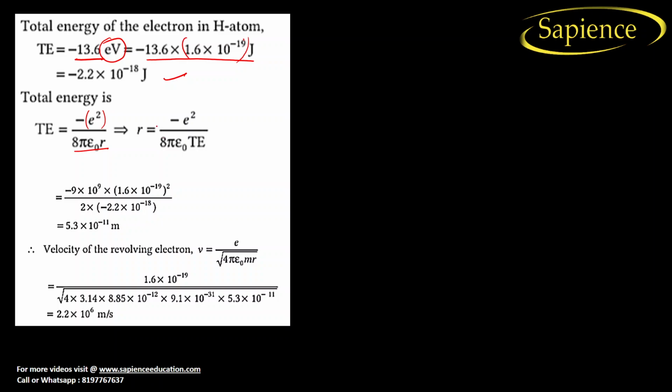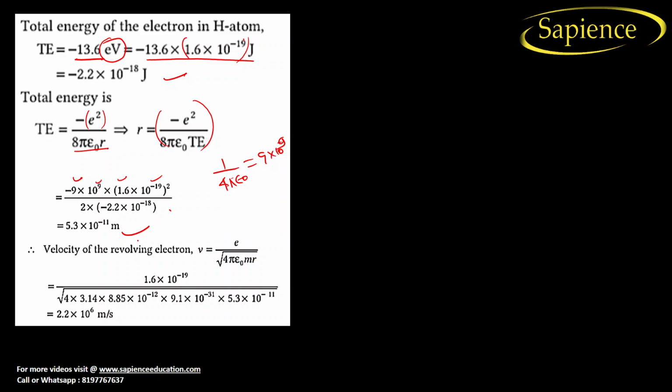So from here we can easily find r is equal to e square by 8 pi epsilon naught into total energy. Just put in every value. Always try to use 1 by 4 pi epsilon naught is equal to 9 into 10 to the power 9, as it is more useful for easy calculation.